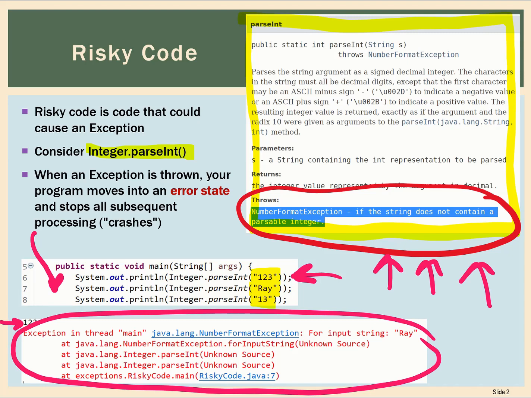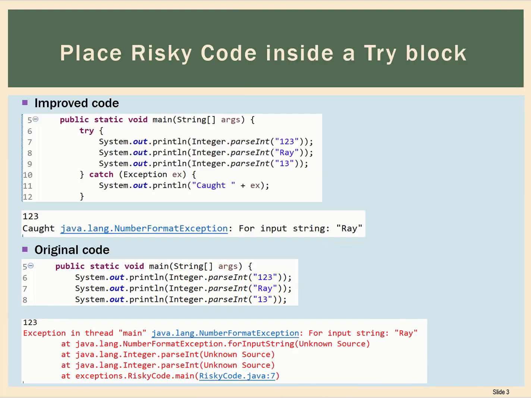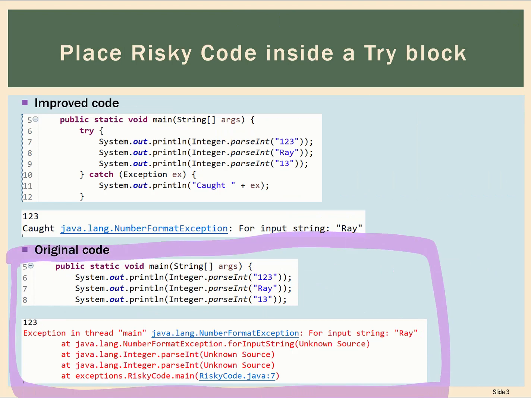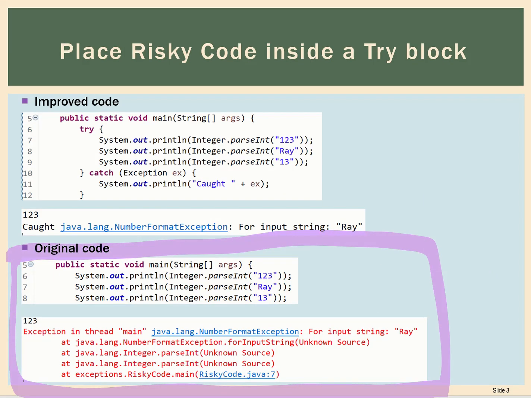What you get is a NumberFormatException, which is exactly what you were told you would see inside the API. So this is what we ran on the last slide.